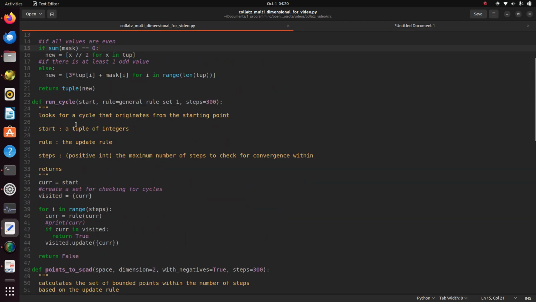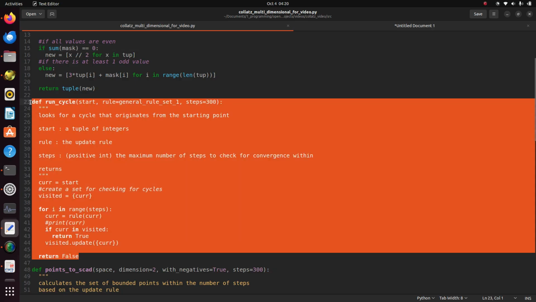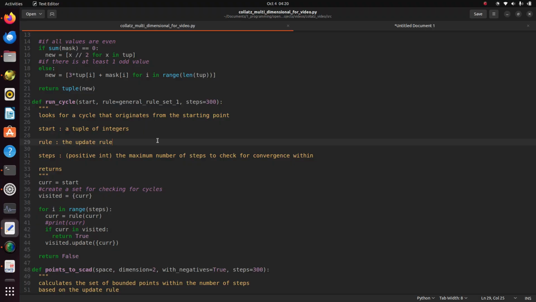This piece of code determines whether a starting vector converges to a cycle. And something important to note here is that there's a max step, because some of them kind of just shoot off to infinity. And it's possible that those ones converge, but I don't know if they converge or not.